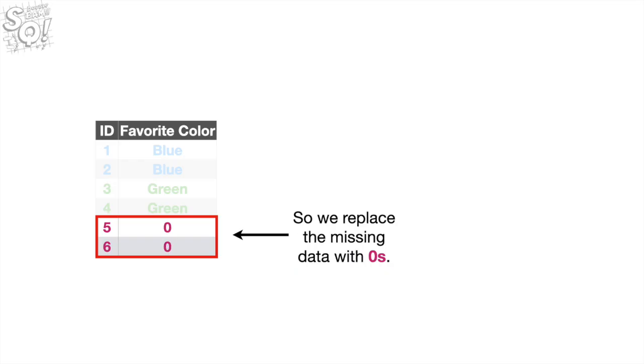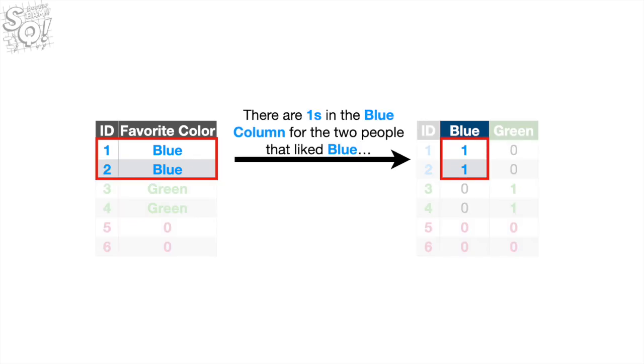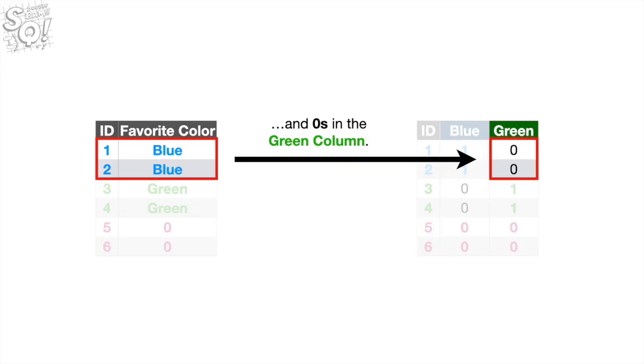So, just like we did in the Jupyter Notebook, we replace the missing data with 0s. Now we convert favorite color with one-hot encoding, just like we just did. There are 1s in the blue column for the 2 people that liked blue, and 0s in the green column because those people did not like green.